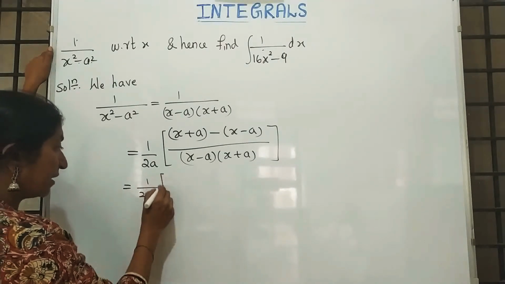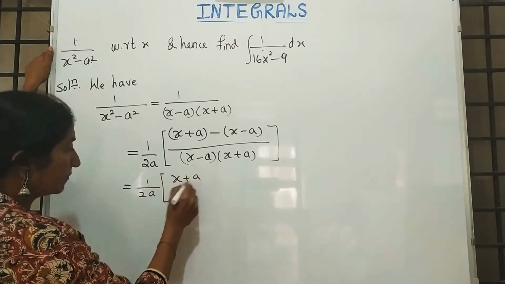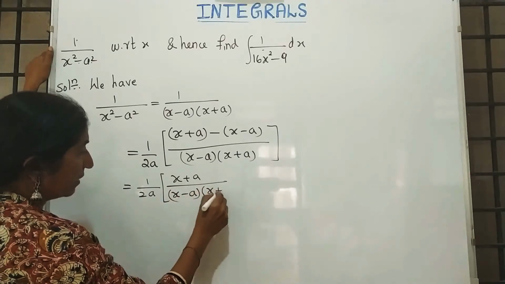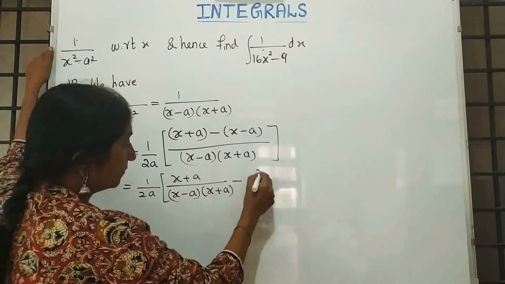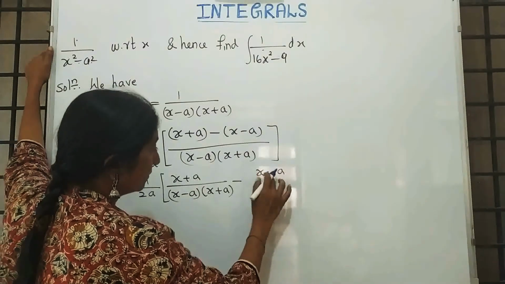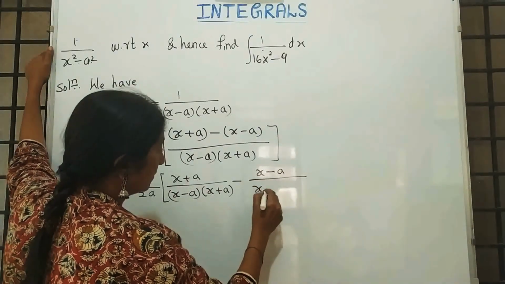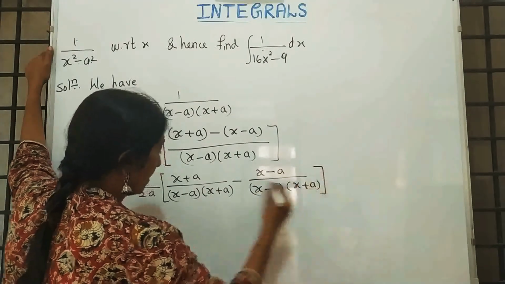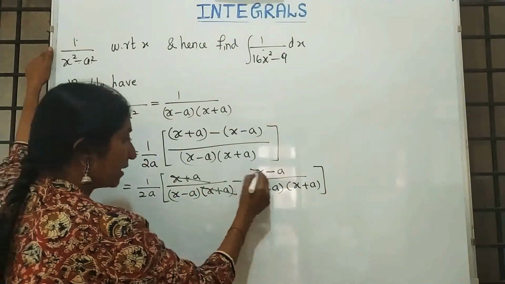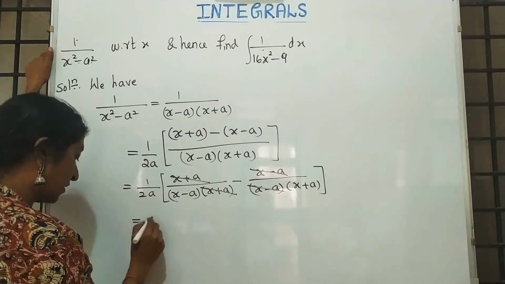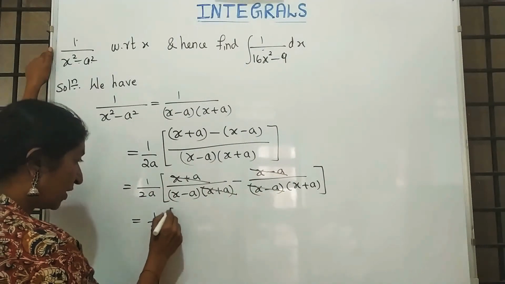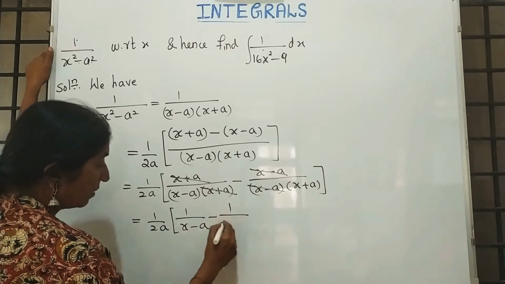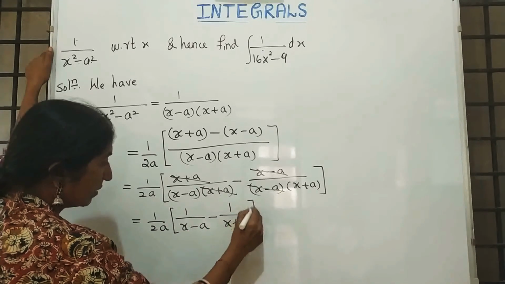Next, take the denominator separately. Here x plus a gets cancelled, here x minus a gets cancelled. 1 by 2a in the bracket 1 upon x minus a minus 1 upon x plus a.